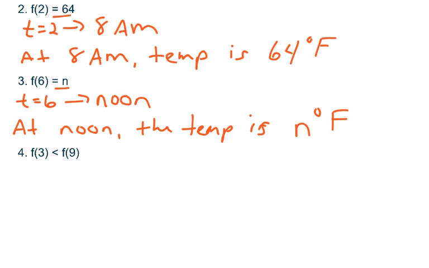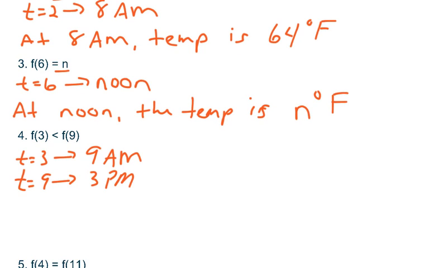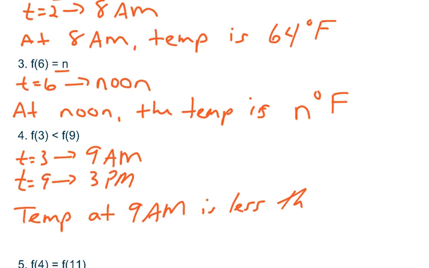All right, so f of 3 is less than f of 9. So let's think about t. When t is 3, that'd be 3 hours after 6 a.m., that would be 9 a.m. And when t is equal to 9, 9 hours after 6 a.m., that would be 3 p.m. What this f of 3 is less than f of 9 says is that we don't know what those temperatures are, but we do know that the temperature at 9 a.m. is less than at 3 p.m. Whatever temperature this is is less than whatever temperature this is.